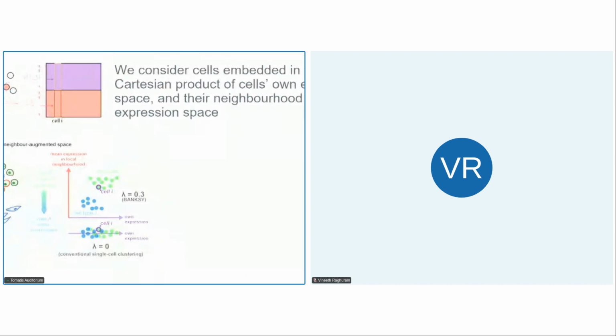So okay, here I'm gonna describe conceptually what's happening, and just bear with me here. This will be useful in understanding why Banksy solves the problems that I'll discuss in a moment. So imagine you've got two cell types that are very close together in transcriptome space.